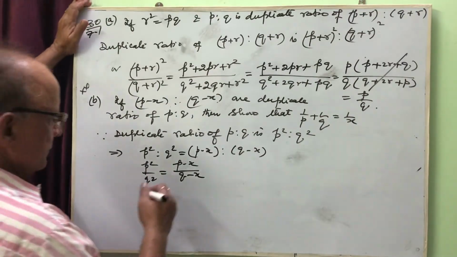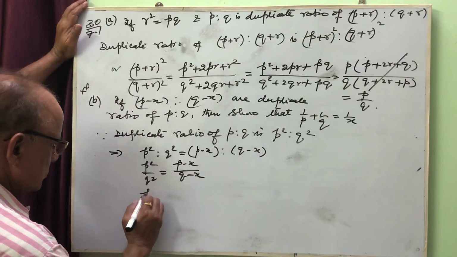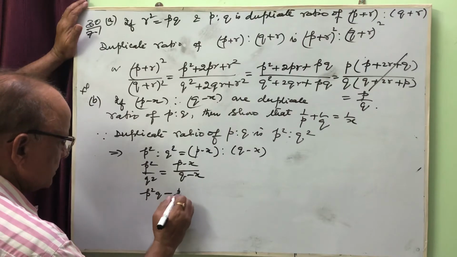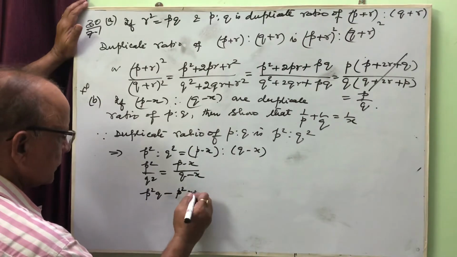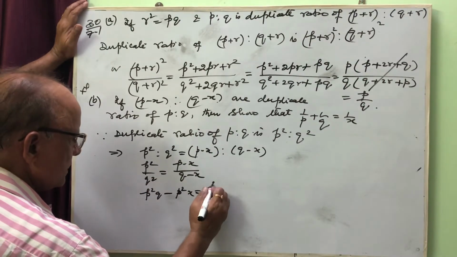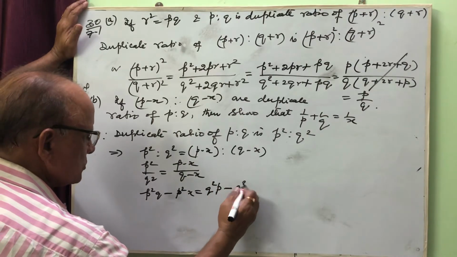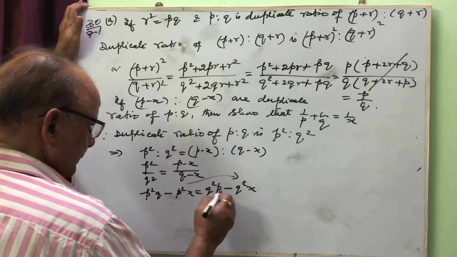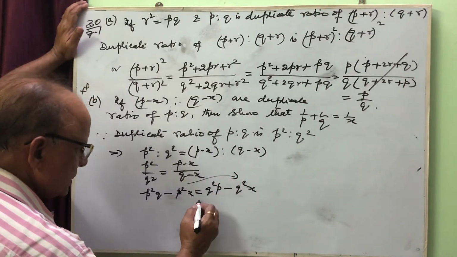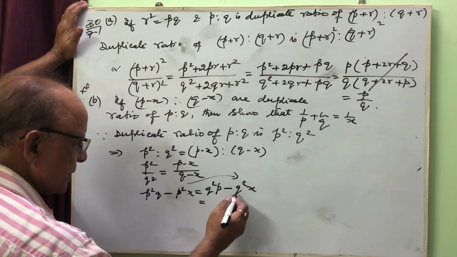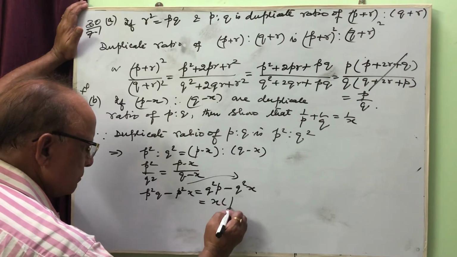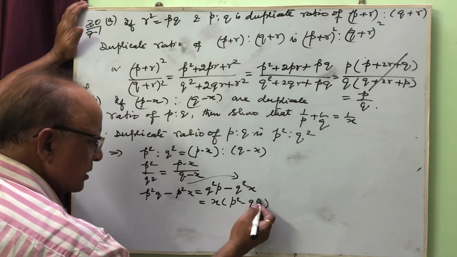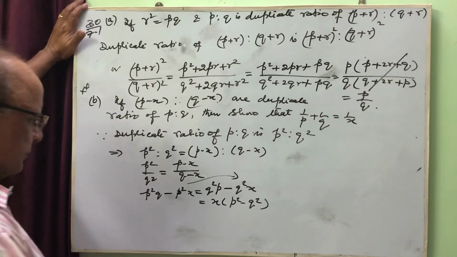Simply multiply. Here p square q minus p square x, q square p minus q square x. Take this side. This is p square x minus q square x. Take common, p square minus q square. You can solve by your own method.